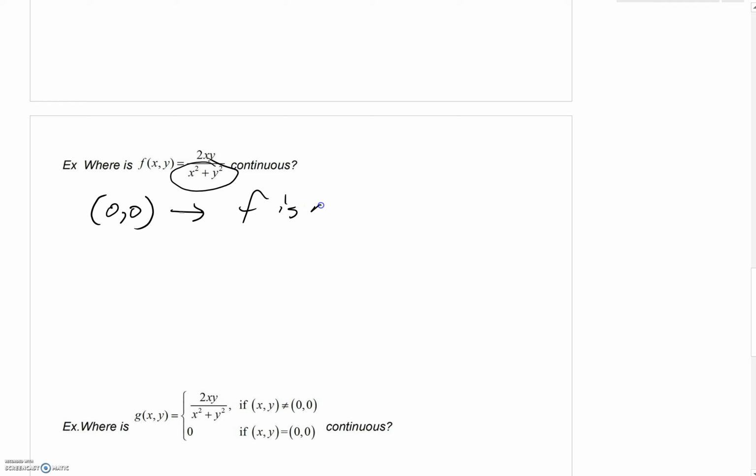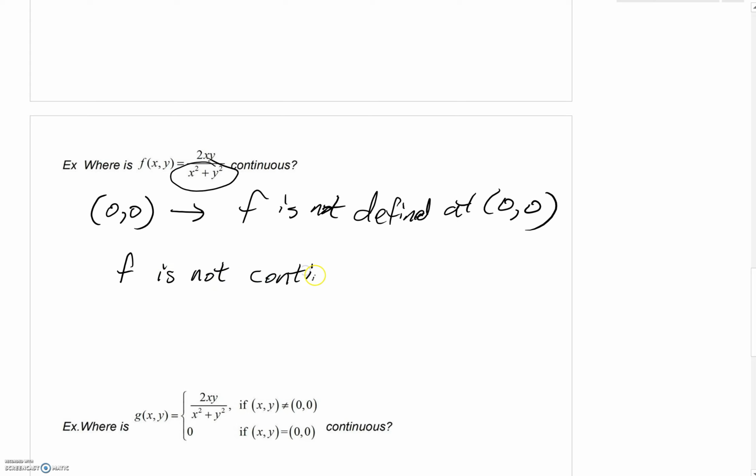I think you can see immediately that 0, 0 is a problem. F is not defined at 0, 0. That's the only place where we could break a rule of arithmetic, where our function would not be defined. So we can say immediately then, f is not continuous at that point.